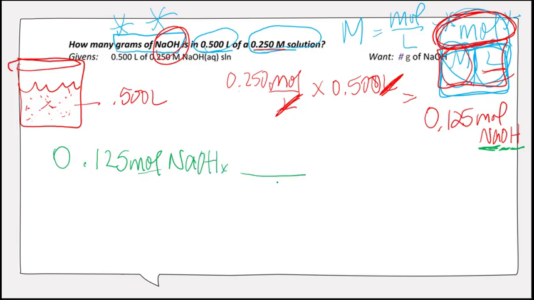And I need moles on the bottom. 1 mole of NaOH has a molar mass of 39.997.